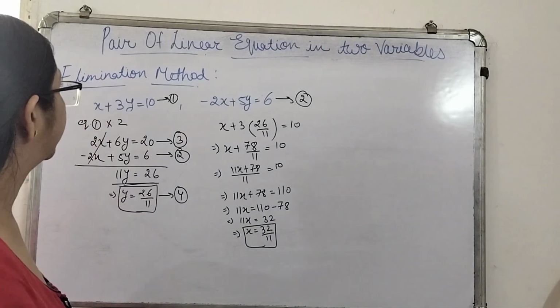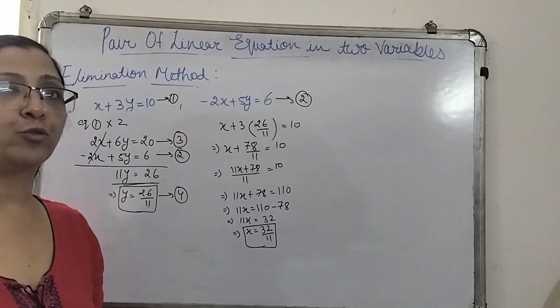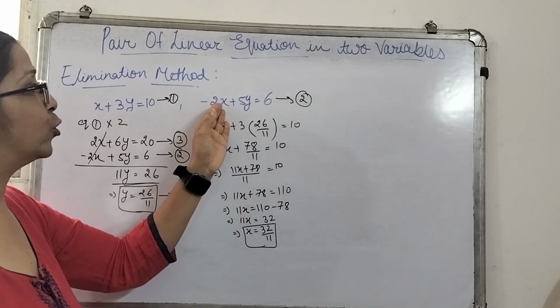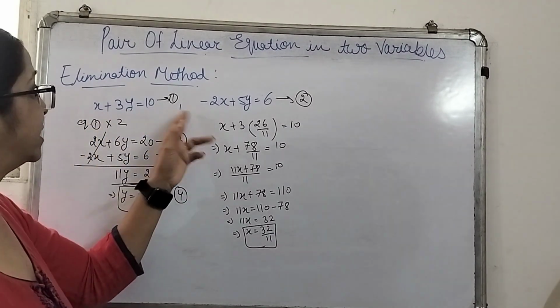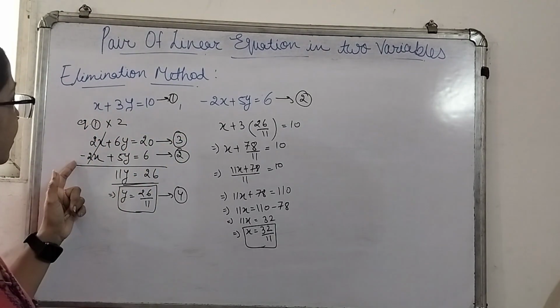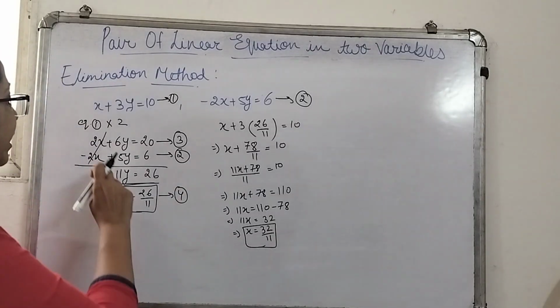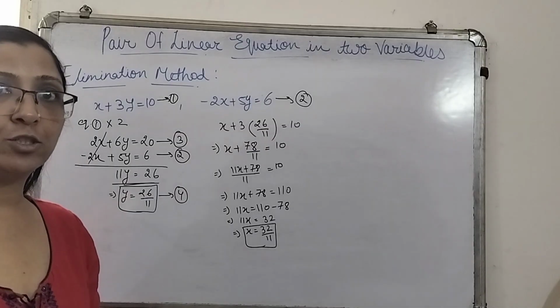So what we have done is, using the elimination method, we have eliminated one variable. For that, we have to make the coefficient of any one variable numerically equal. If their signs are unequal, that is, opposite signs, then we add these two equations, and if both have the same signs, then we subtract these two equations.